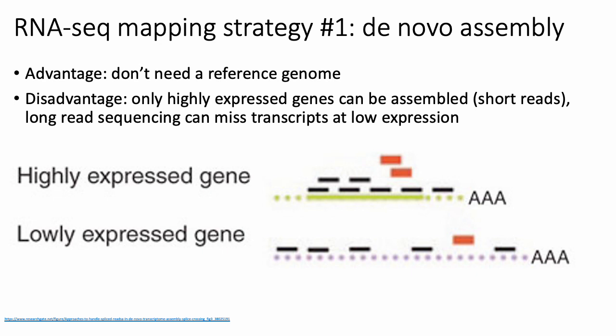And so basically, although the advantage of de novo assembly is that you don't need a reference genome to map reads to the transcripts, the primary disadvantage is that you can only really rebuild highly expressed genes from the reads. And even if you use long read sequencing, your long reads avoid a lot of the assembly problems that you would have with short reads. But typically you're able to sequence fewer transcripts when you use long read sequencing. And so you still may miss a lot of the transcripts that are poorly expressed.